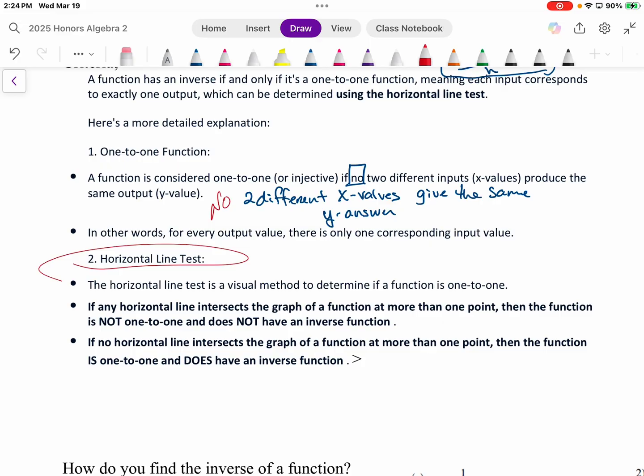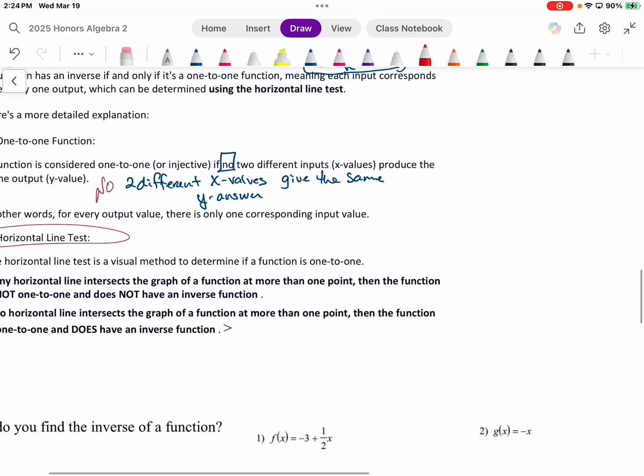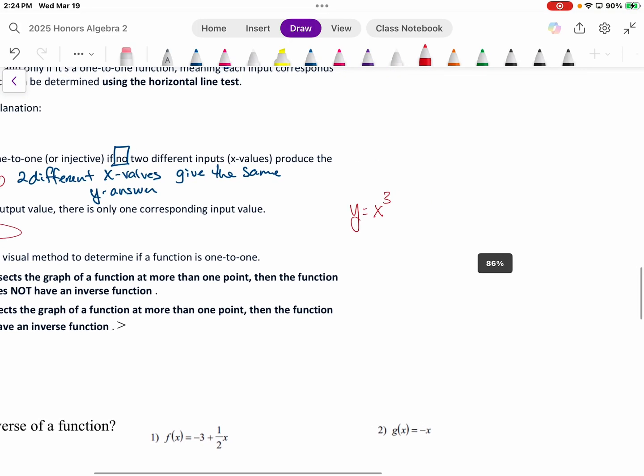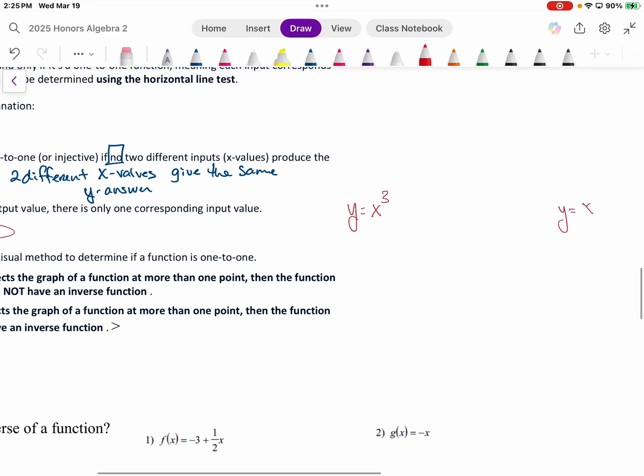So when I think about some graphs we have dealt with already this semester, y is equal to x cubed and y is equal to x squared. The one on the left is my disco graph.